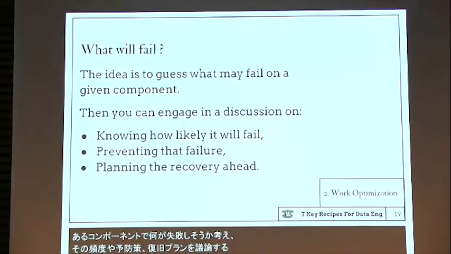For example, when we write to a file, we know what the failure modes are. When we write to a distributed file system, we know the different failure modes, and so on. So we should engage proactively in discussion about those failures, how likely they are to happen, what will happen, and whether we can do something now to prevent that failure.